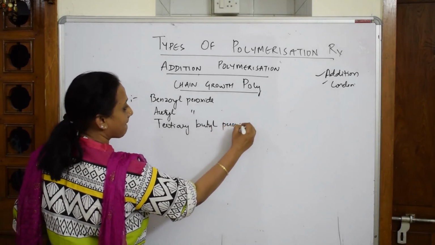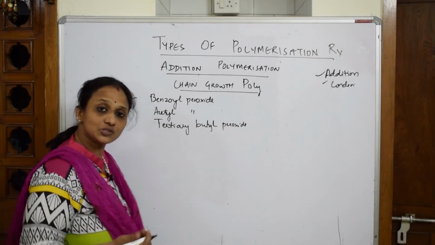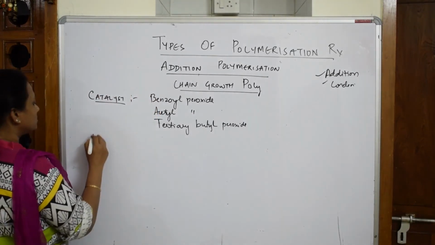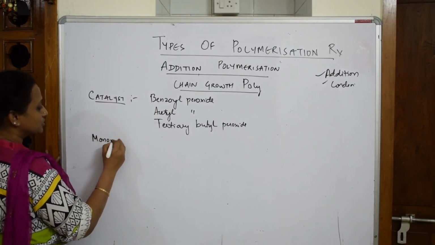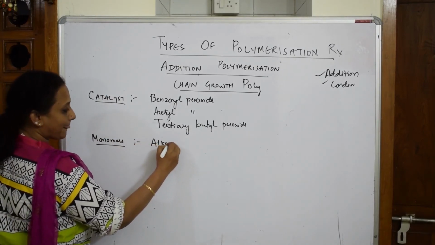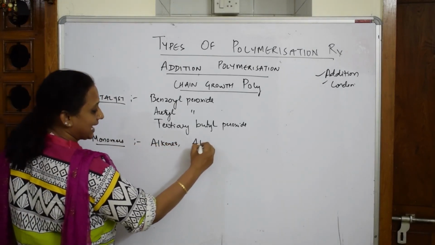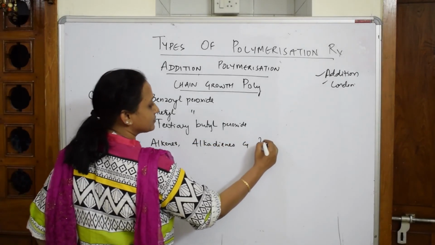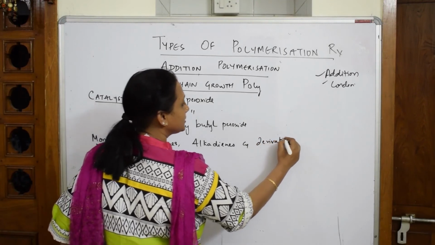It can be anything. Apart from this, we should also have monomers, because the catalyst is going to add to the monomer. The monomers should be alkenes, alkadienes and their derivatives.